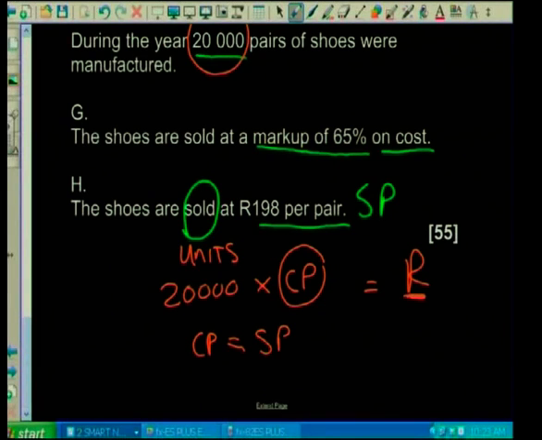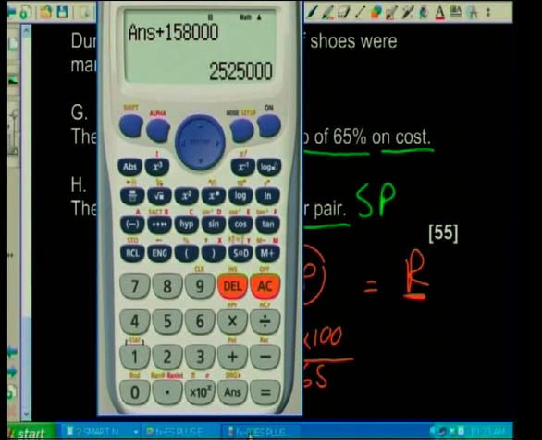Cost price is equal to, remember you did this in grade 8, selling price times 100 divided by 100 plus my markup. So if I take 100 plus 65, I'm dividing by 165. So let's get our calculators out and work out that cost price.